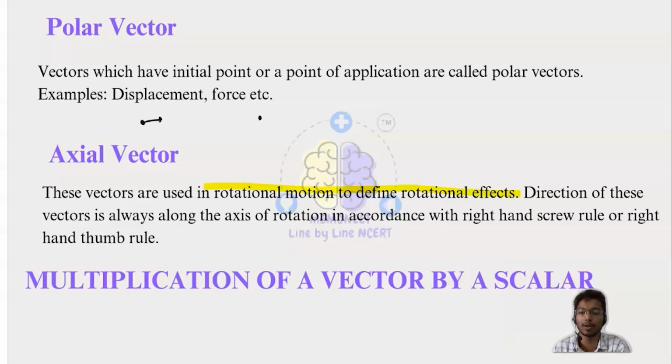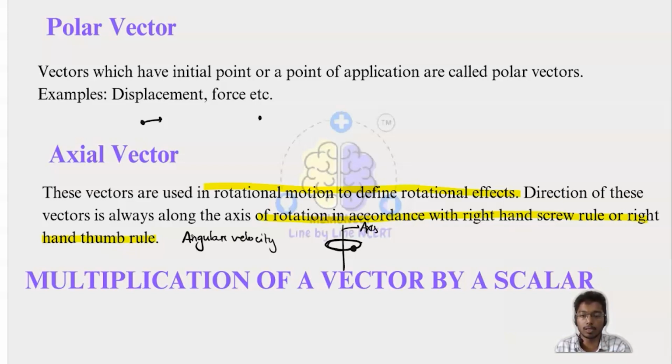The direction of this vector is along the rotation, in accordance with the right hand screw rule or right hand thumb rule. What it is trying to tell is, if we have angular velocity, let's say we have a line, which is the axis, and the ball is rotating about its axis.